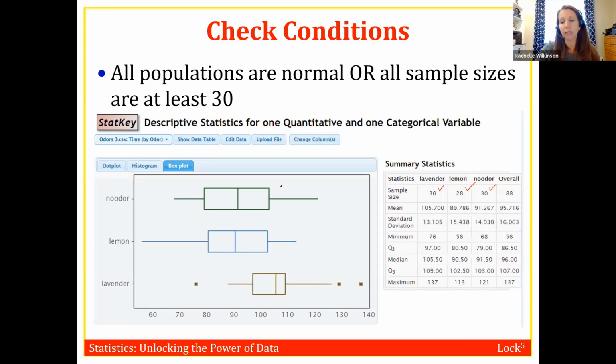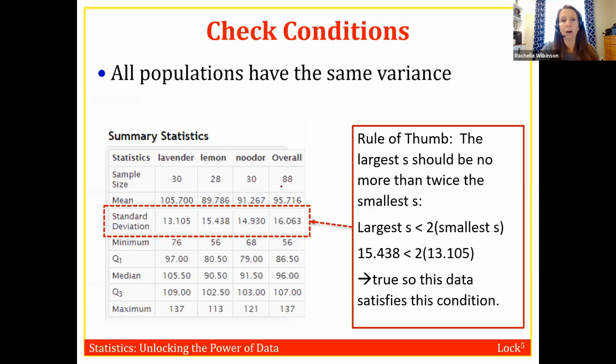All right, next we're going to look at our second condition, that of equal variability. So the condition is that all populations have the same variance, and the way that we test that is with our rule of thumb here. Our rule of thumb is that the largest sample standard deviation is less than twice the smallest sample standard deviation.